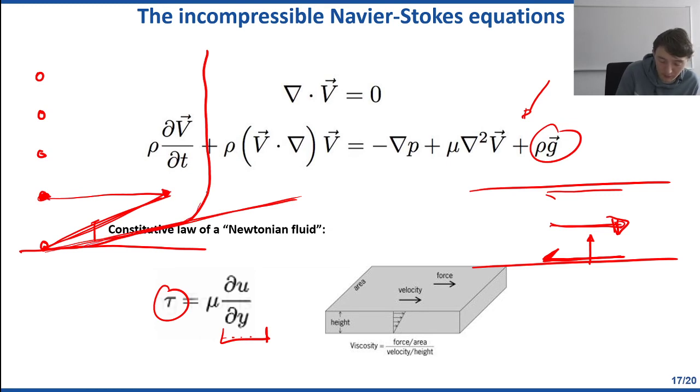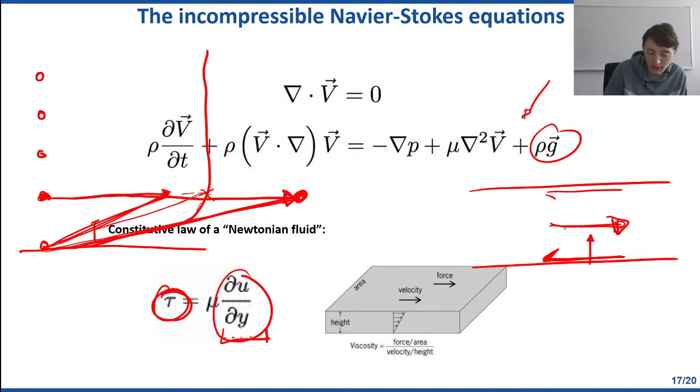At best, I can represent something that looks like that. But this won't have the right slope, and hence will not have the right shear stress, and hence will not produce a balance of linear momentum. Rather, with my coarse mesh, I need to have my first node have a velocity that's all the way like that in order to have the shear stress that balances out with the applied load.